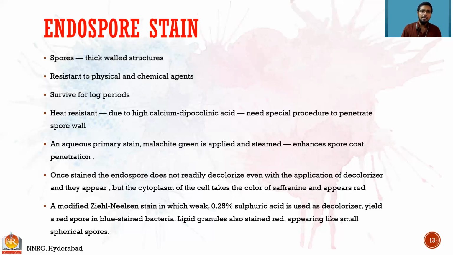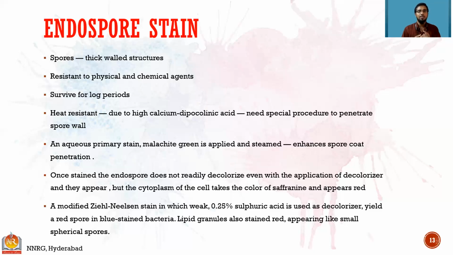So because of the steam, the particles slightly move away. As a result, there will be a small space, and that helps the color penetrate into the spore. Once stained, the endospore does not readily decolorize because the endospore is very strong.